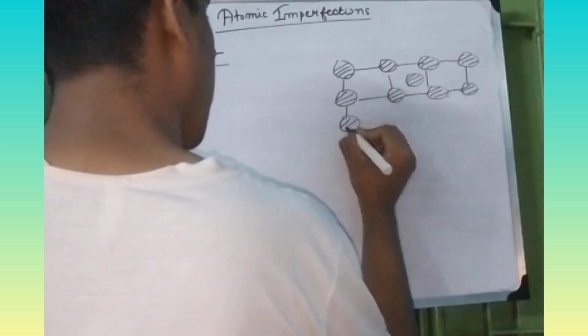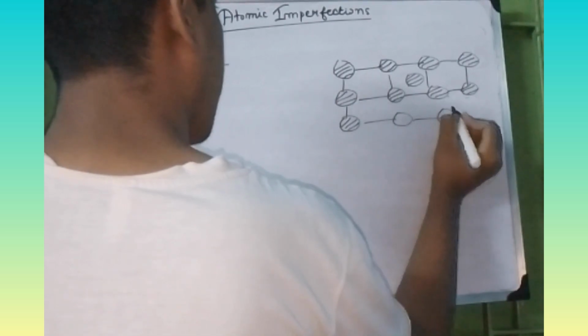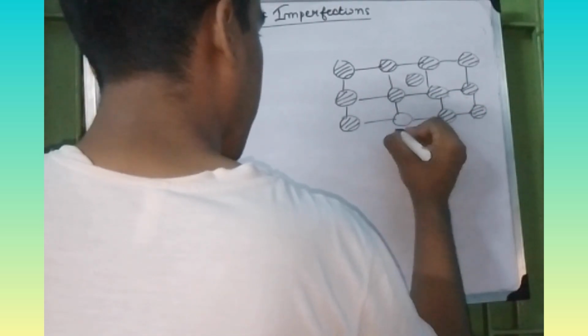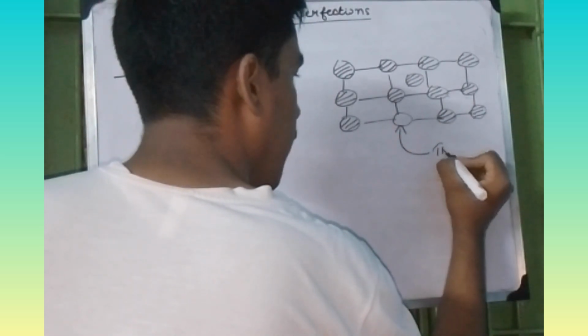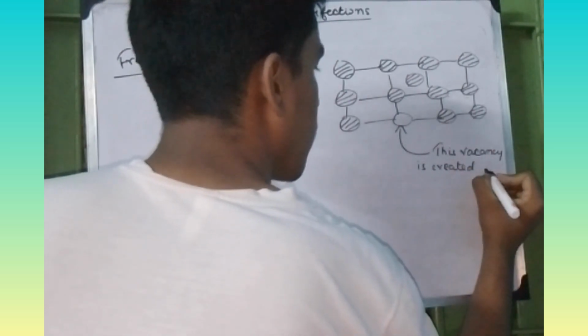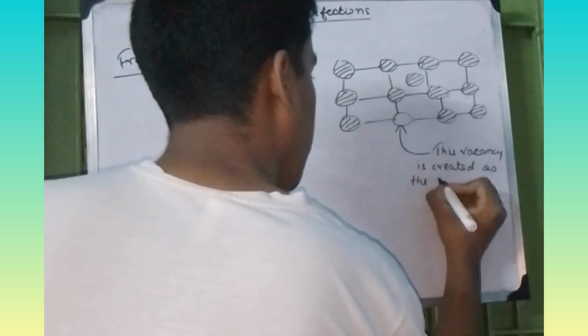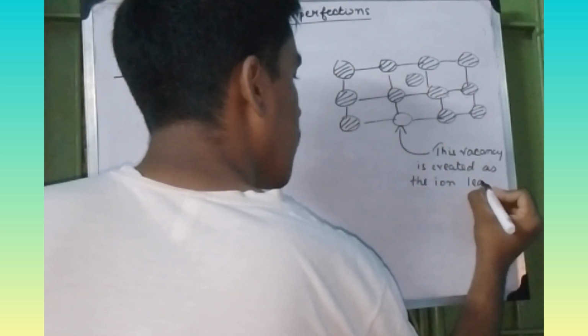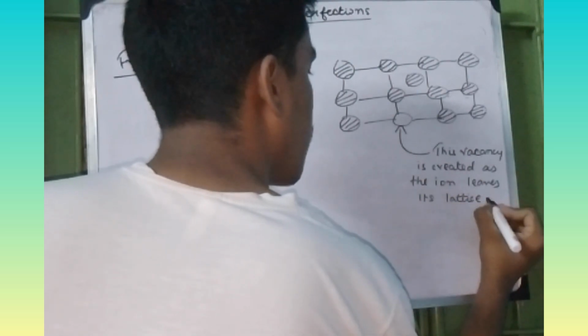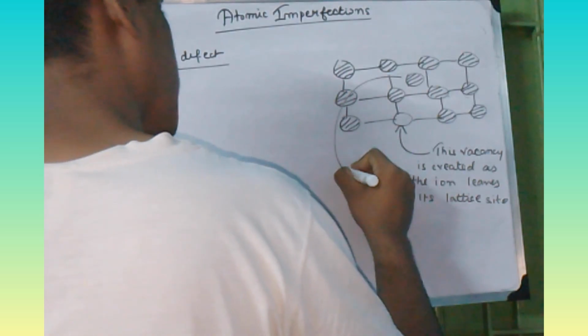You can see one atom formed in the middle, in the intermolecular spaces between the atoms, and the pointer shows the vacancy created by the atom in its lattice site, and then that atom will occupy the intermolecular space of the ion to form this defect.